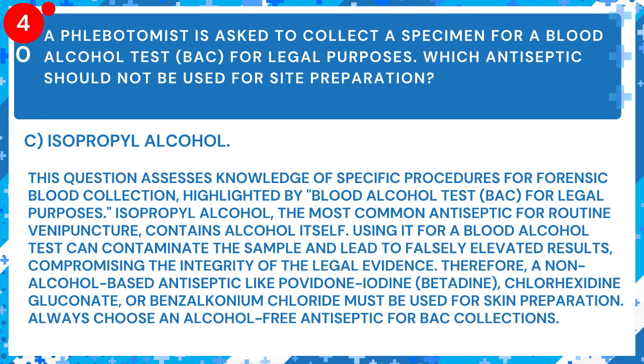Using it for a blood alcohol test can contaminate the sample and lead to falsely elevated results, compromising the integrity of the legal evidence. Therefore, a non-alcohol-based antiseptic like povidone iodine, betadine, chlorhexidine gluconate, or benzalkonium chloride must be used for skin preparation. Always choose an alcohol-free antiseptic for BAC collections.